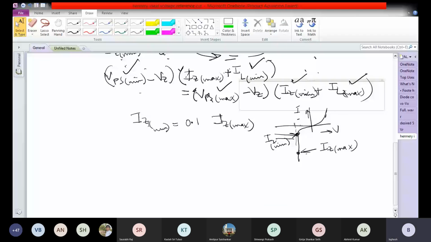So we can design that IZ min is 0.1 of IZ max, and therefore from here we can find the value of Vz. Sorry, we can find the value of IZ min or IZ max. Vz is given, the Zener voltage. We know the Zener diode. So we can find out IZ min or IZ max.